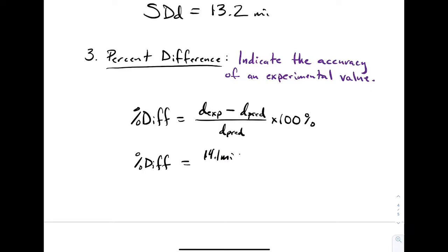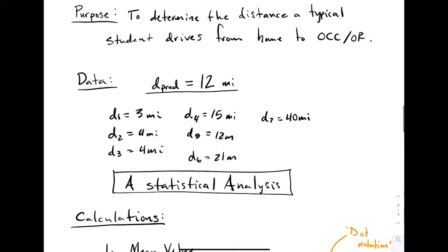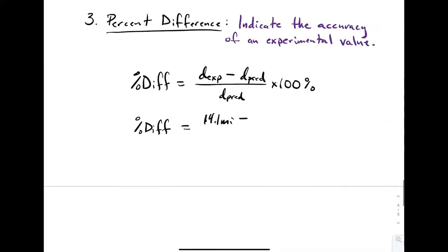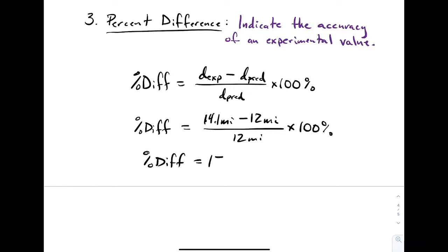And we're going to subtract the predicted value, which was the value given at the top, which was 12 miles. And then we'll divide by the 12 miles because it was predicted, times 100%. And this will yield a percent difference of 17.5%.